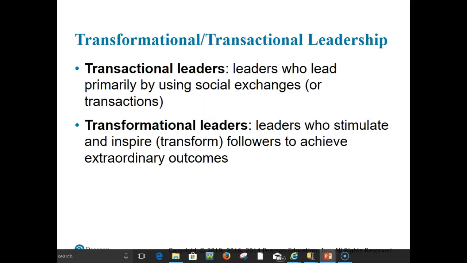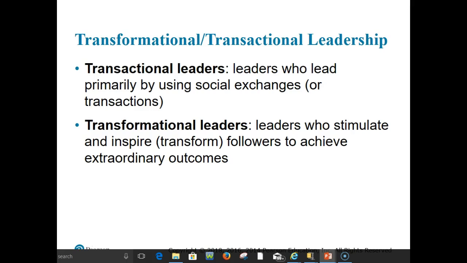Now, many early leadership theories viewed leaders as transactional leaders, that is, leaders who lead primarily by using social exchanges or transactions. Transactional leaders guide or motivate followers to work towards established goals by exchanging rewards for their productivity. So it's very much transactional, being after the fact.